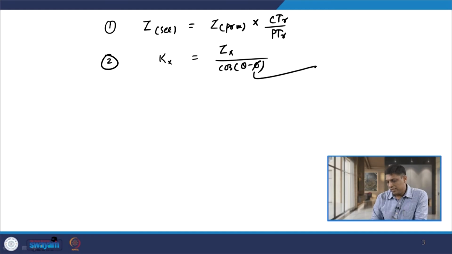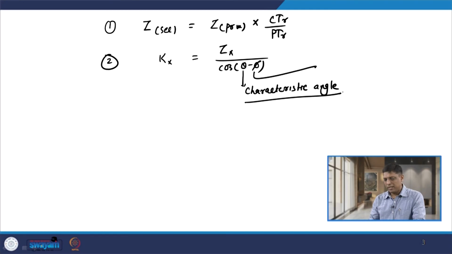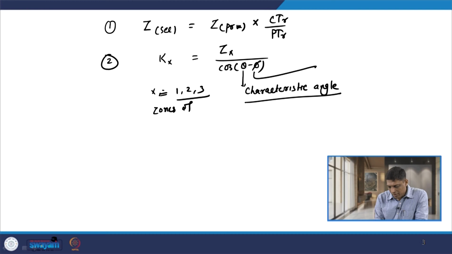This phi changes, theta is your characteristic angle, which is already given, which depends on what type of characteristic you have used. X stands for 1, 2 and 3, that indicates the zones of the distance relay.